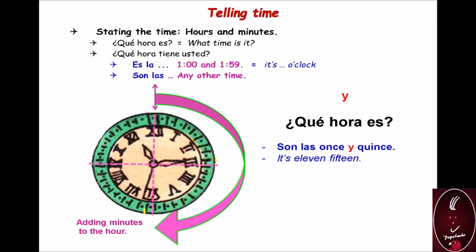If we divide the clock in 4 quarters, each quarter we call cuarto. So this is a cuarto of the hour that passed here. So we can use this word cuarto to express this time. Son las 11 y cuarto. In the same way, we can use another cuarto before the hour, if that is the case.